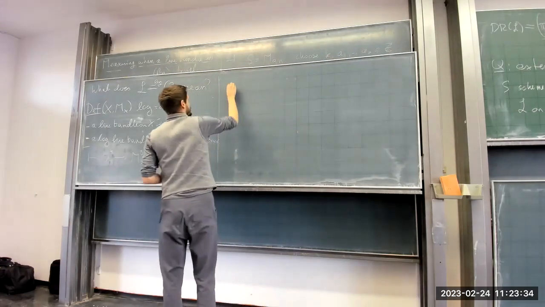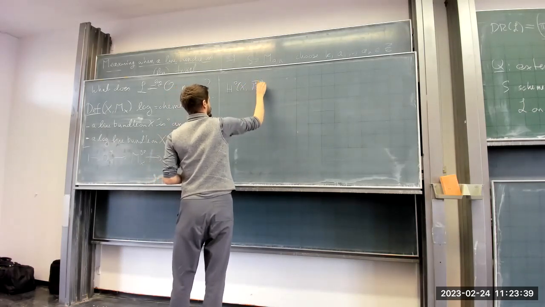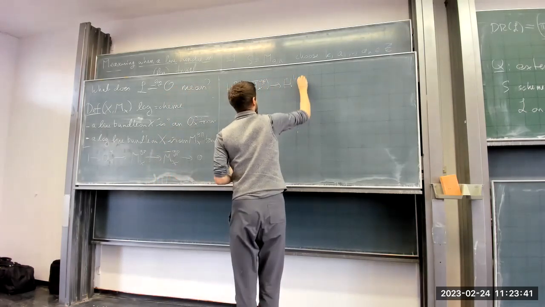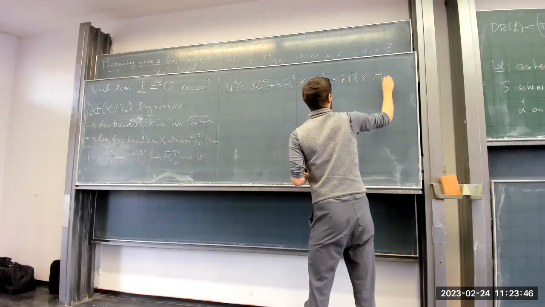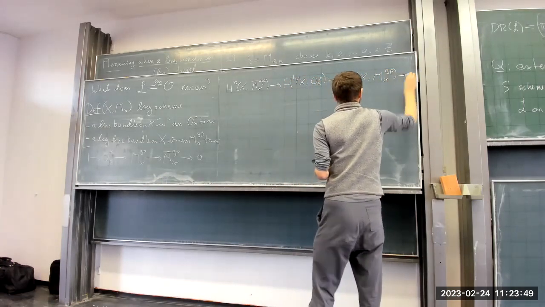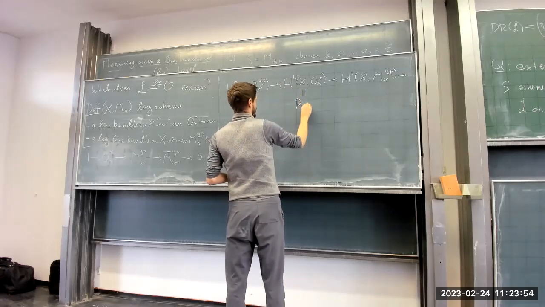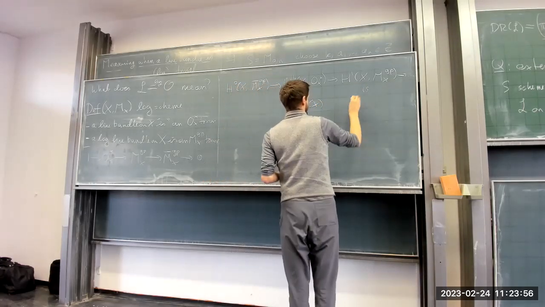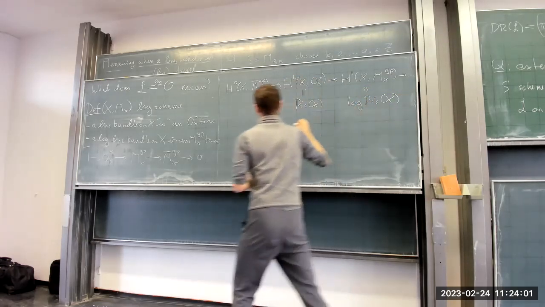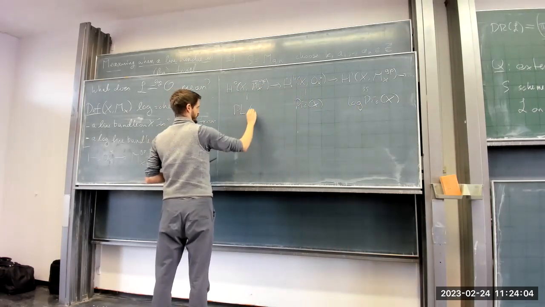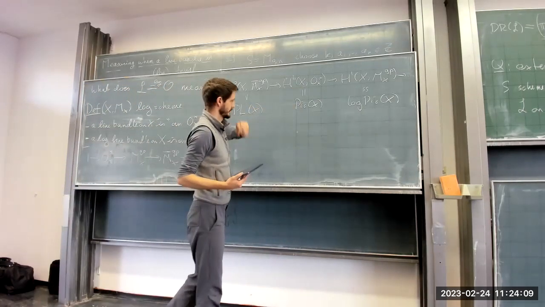This goes H0 of, and this is H1 of X, and this is something like log Pic of X, and this is piecewise linear functions on X. The middle equality is an exercise in Hartshorne.